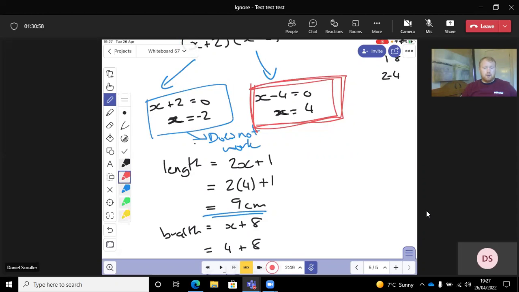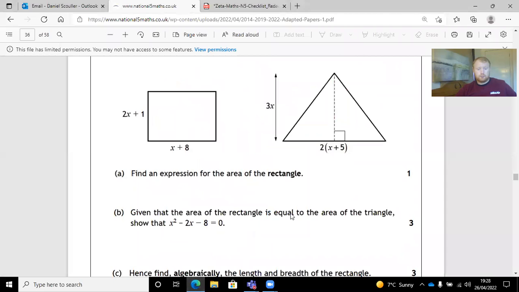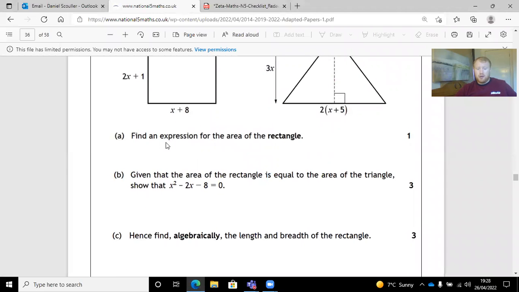Haven't lost anyone. So that's bringing a wee bit of factorisation in. What's good about this question is even if you can't do A, even if you can't do B, you should be able to factorise the expression that they give you.